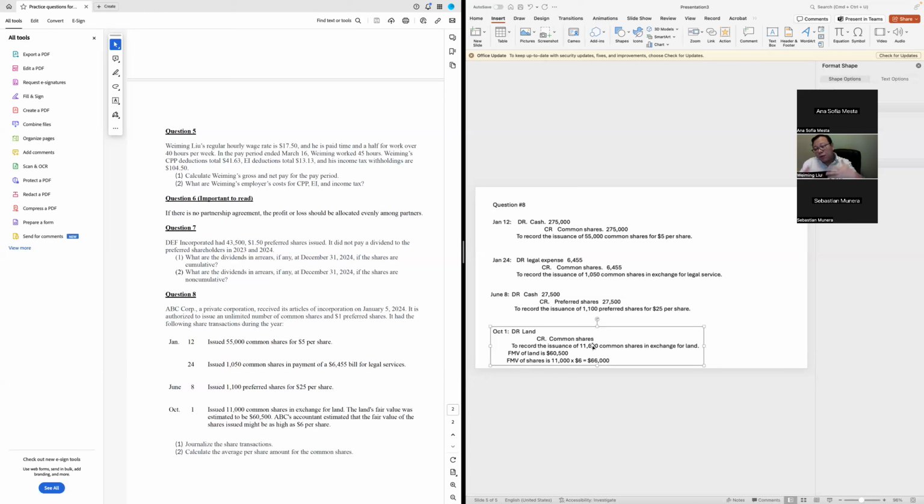But from the perspective of the common shares, it is $66,000. So now I have two possibilities. Which one should I go with? $60,500 or $66,000?